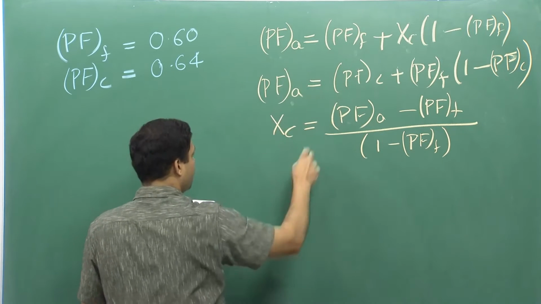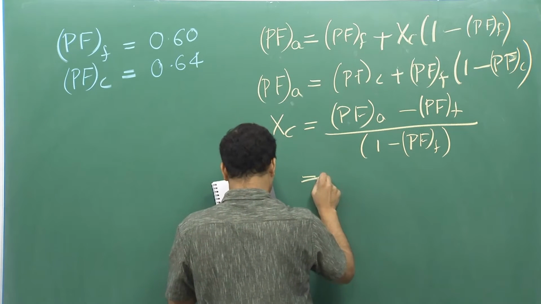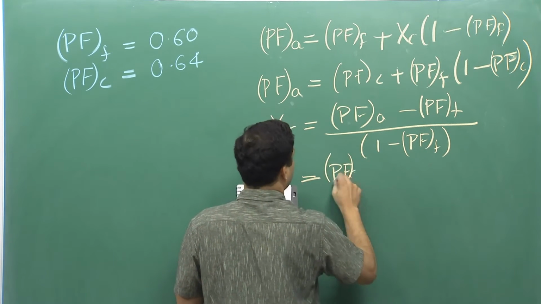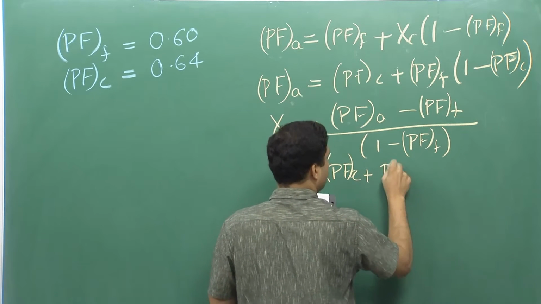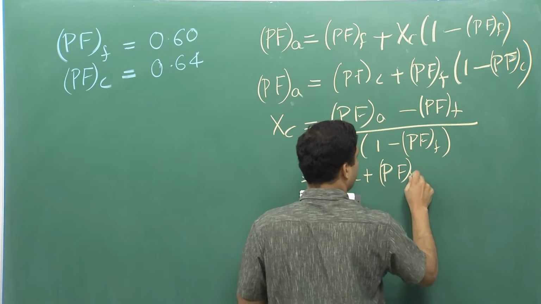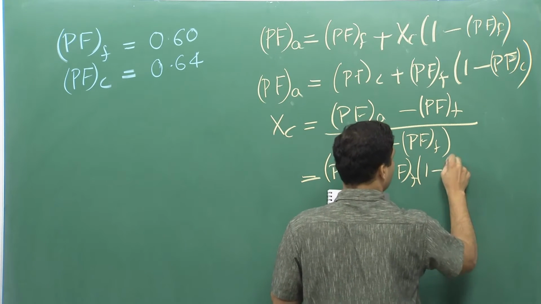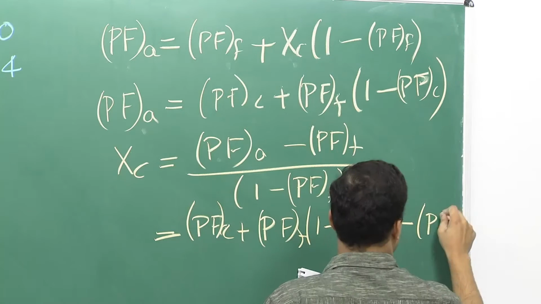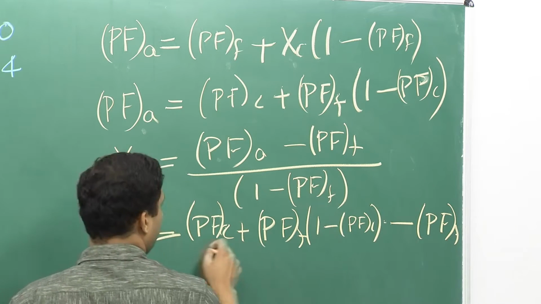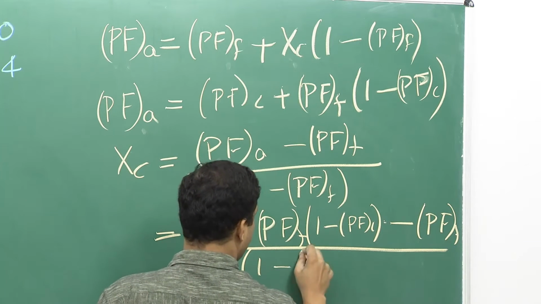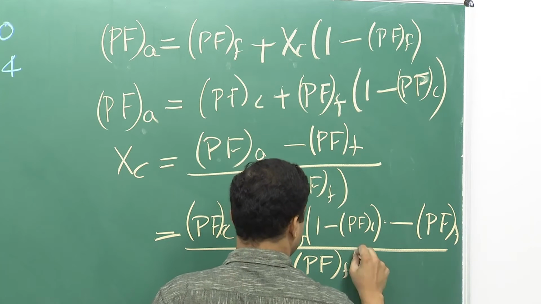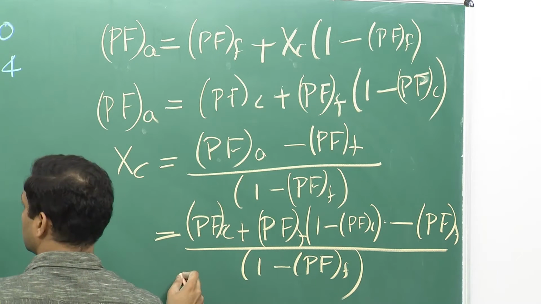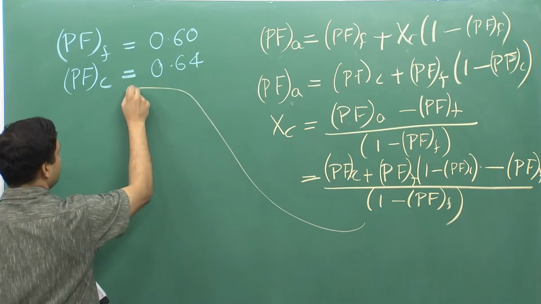Now, if you put this value over here, what you would get is minus the PF fine. And on the denominator we have 1 minus. So, now if you open the bracket you would see that we get. Let me bring it over here so that it remains visible.